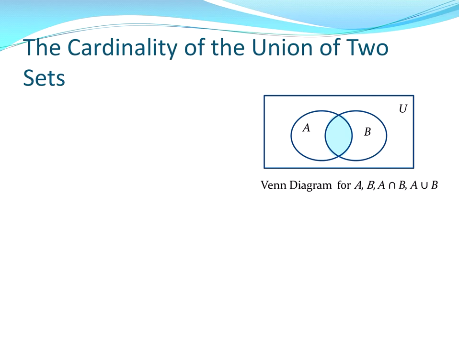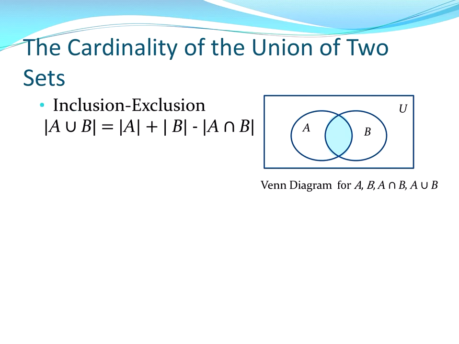When we're counting up elements in the union of two sets, we have to be careful of double counting. So remember, cardinality is the number of elements in each set. And the cardinality of A union B is the cardinality of A plus the cardinality of B, but we have to subtract out the cardinality of the intersection because otherwise we would double count it.